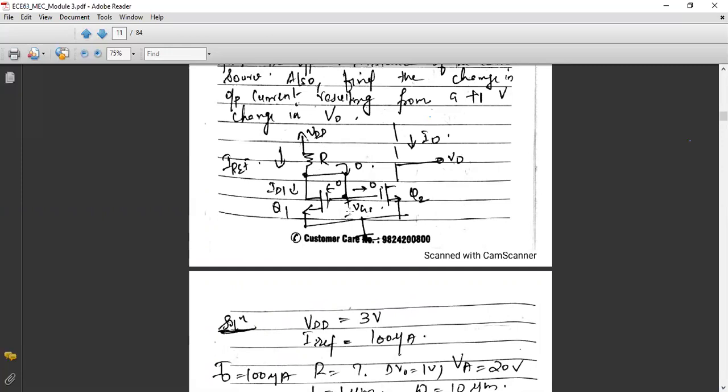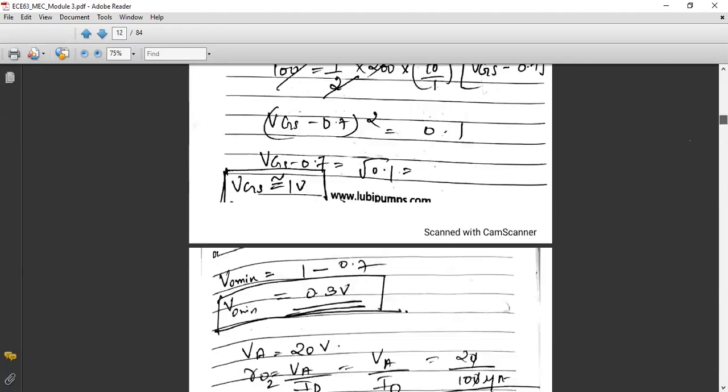Earlier in the theory, I told you whenever there exists a short circuit between two terminals, you have zero potential difference. So the voltage at this node is equal to the voltage at this node. That is, VGS is equal to VDS. Clear?